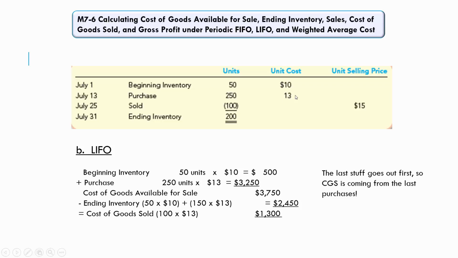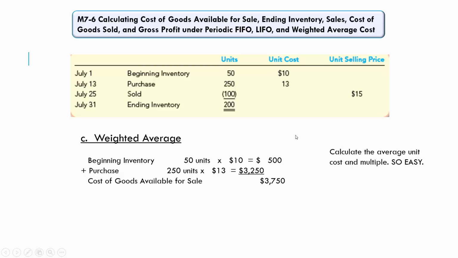And if you have 100 taken out of here, then our ending inventory is going to be 150 times 13 plus 50 times 10, and that's calculated here. Again, the total of these two needs to add up to 3750, and whether we use FIFO, LIFO, or weighted average, as long as this in yellow stays the same, then our goods available should be the same by any method.